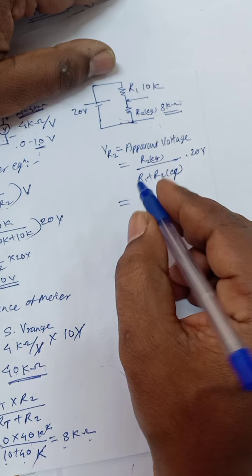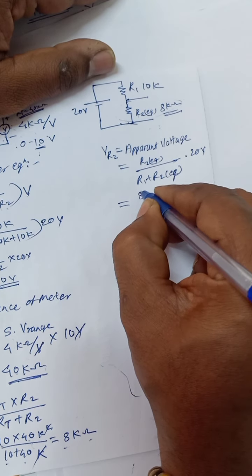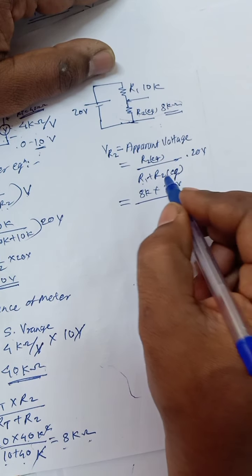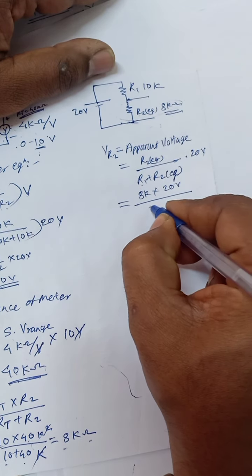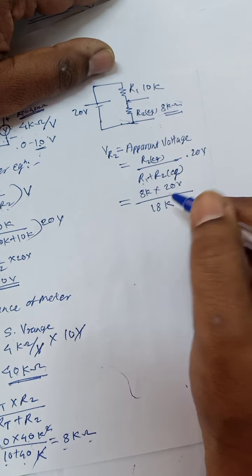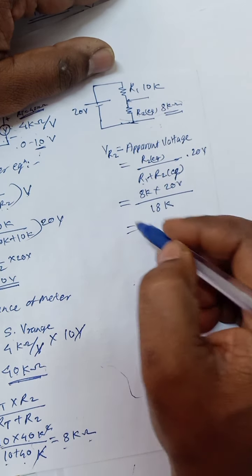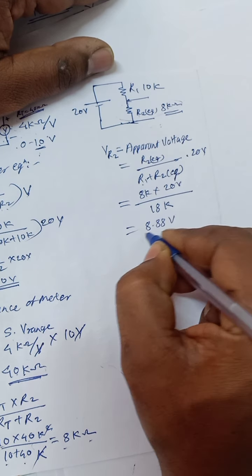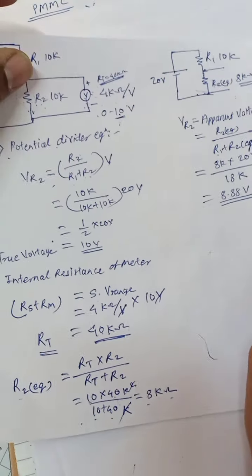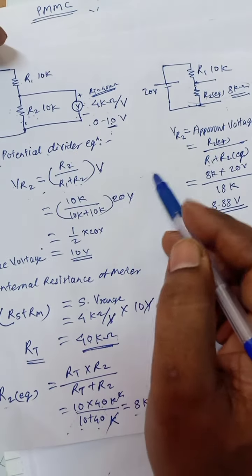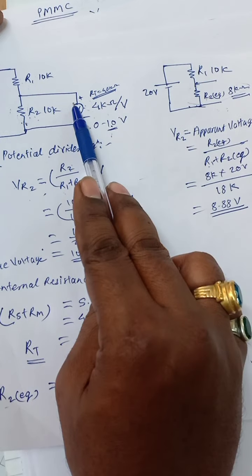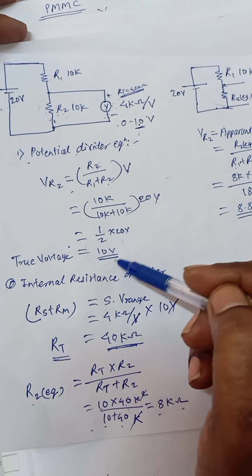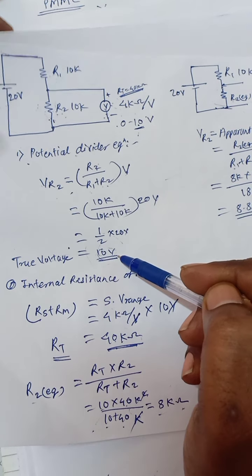So it becomes 8k into 20 volt divided by 8k plus 10k, that is 18k. If we solve this, we get 8.88 volt. What do you understand from this? If the meter is not connected, the true voltage across R2 is exactly half, that is 10 volt.